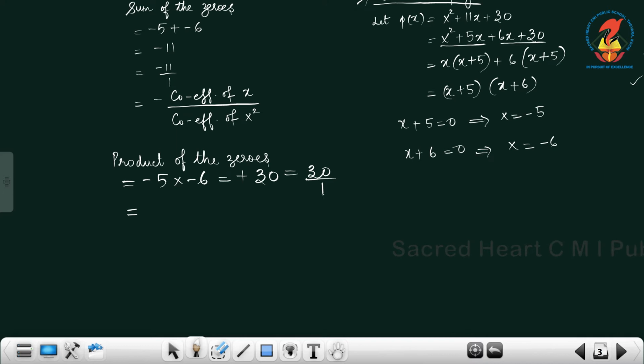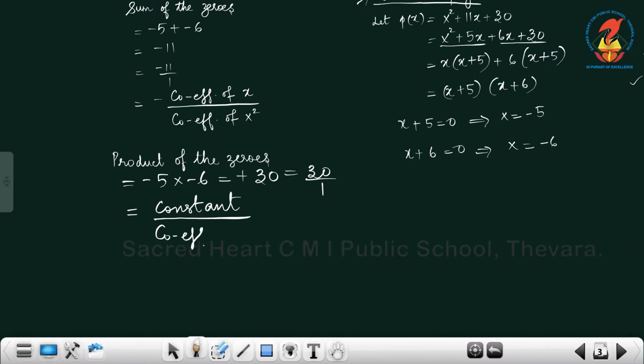Isn't it? What is 30? Constant term. By what is 1? Coefficient of x square. Constant term c, coefficient of x square a. Here the sum will be minus b by a.